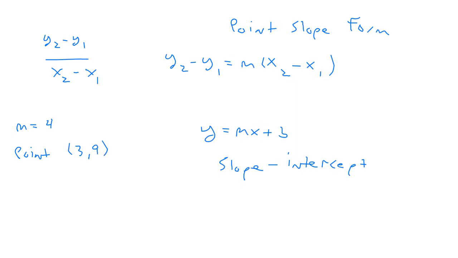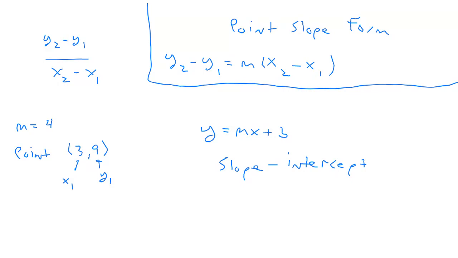Well, it's called the point slope equation, and you can use it like say you know the slope is 4 and there's a point on the line 3 and 9. You know, 9 being 3 squared or something. Let's just say that's it. Then yes, you put 4 in for the slope, and this would be an x coordinate we can call x1, and this would be a y coordinate we can call y1.